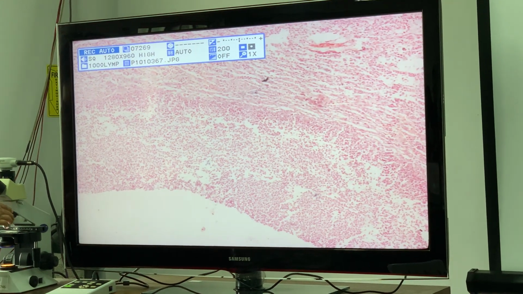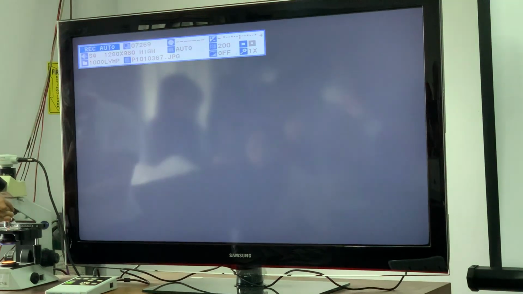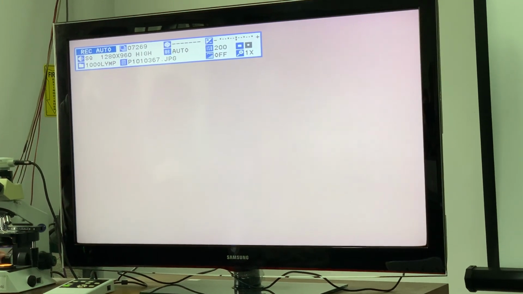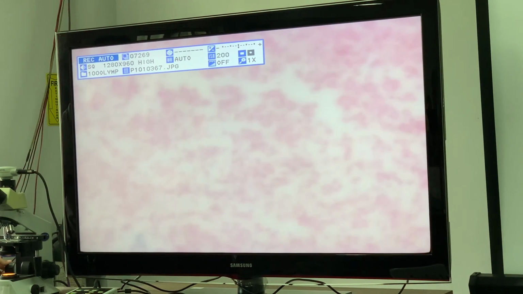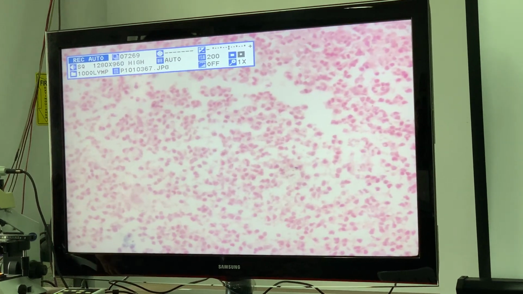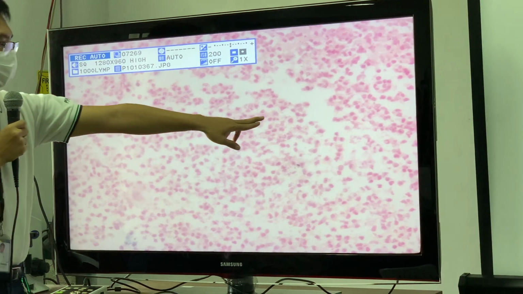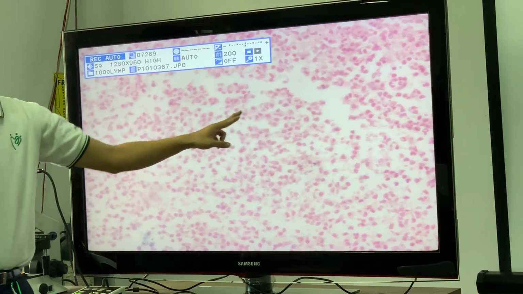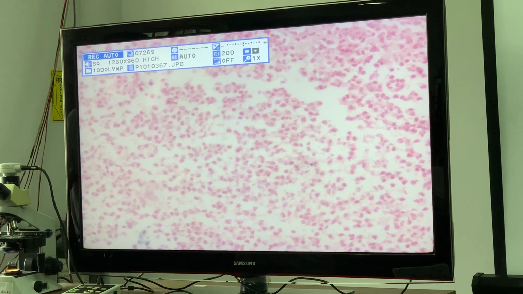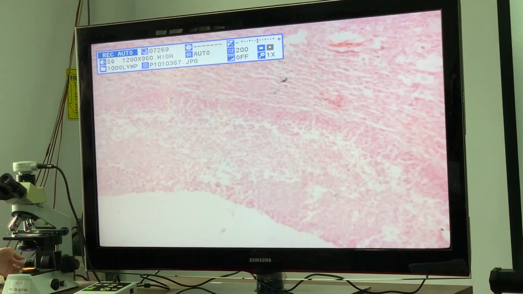No architecture. If we go to high power, most of these cells have irregular nuclei. They are neutrophils. Most of them are neutrophils, probably some dead cells. So what type of necrosis is this?